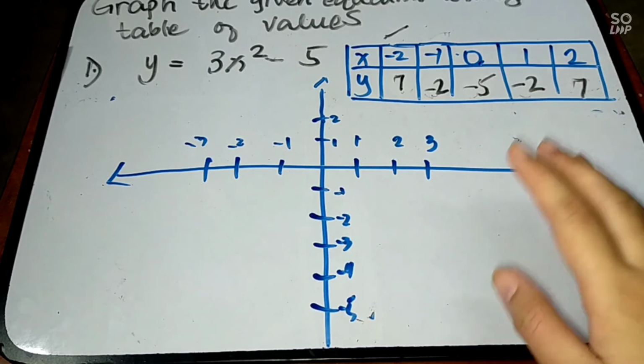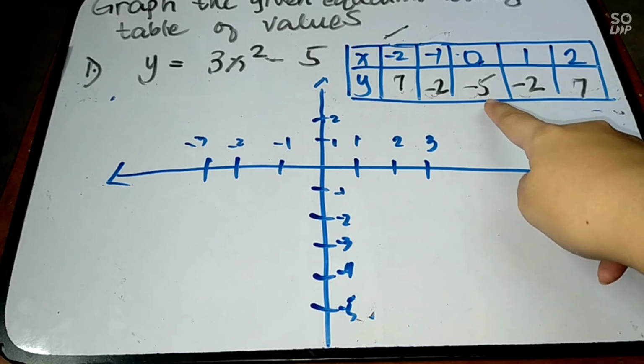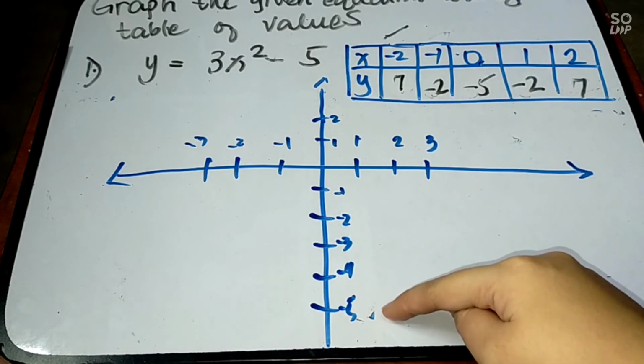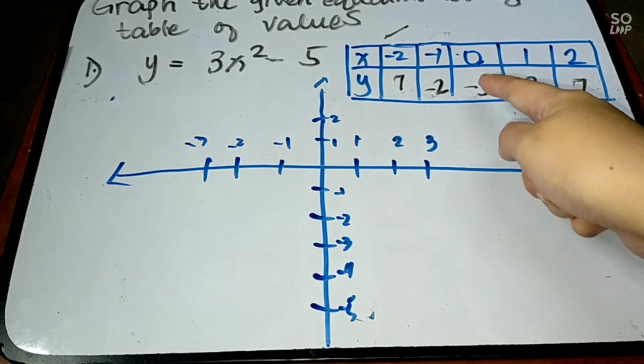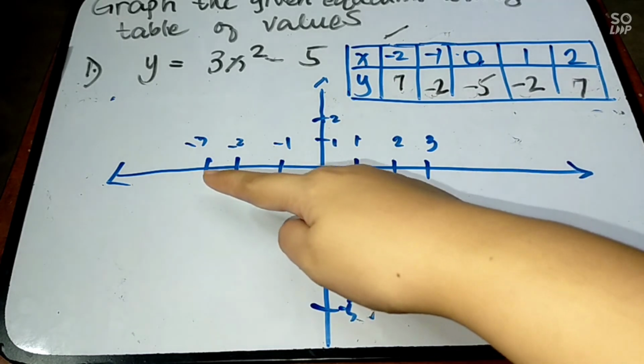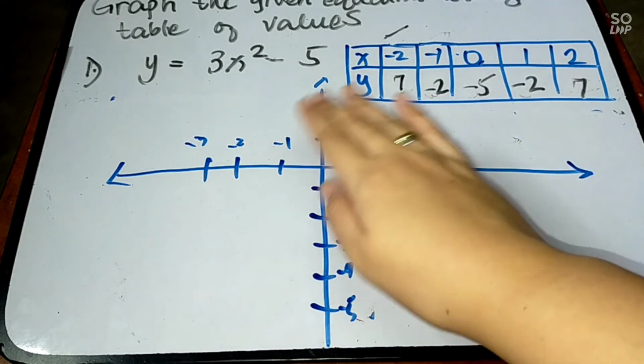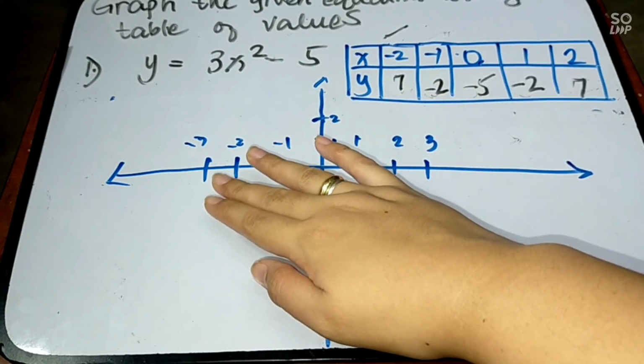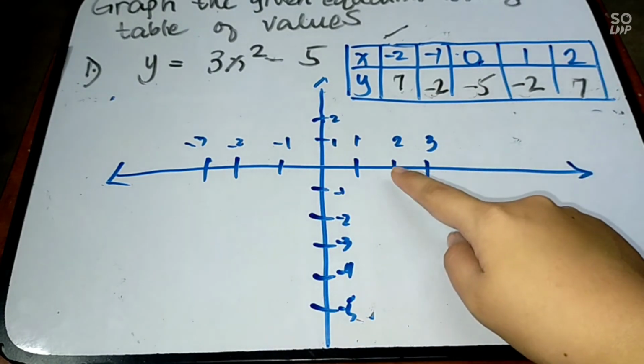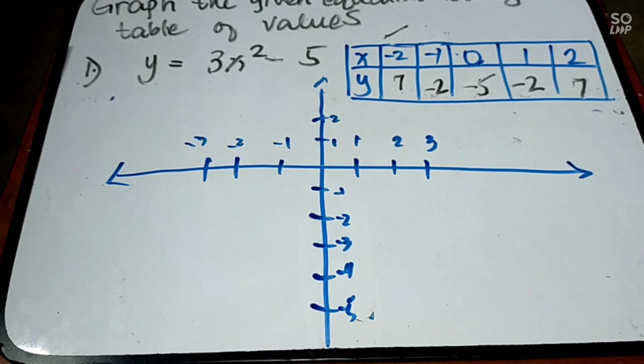So, ganito yung ginawa kong graph kasi ang pinaka-mababa niya is negative 5 doon sa kanyang y. Then, dito, ang pinakababa sa x is negative 2, ang pinakamataas lang naman is 2. So, yan lang naman yon. Then, we are going to plot the points na.